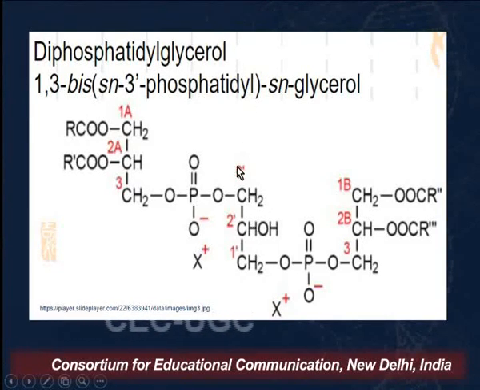And what we find here in phosphatidylglycerol, how would you write the structure? In the first case this is written simply here.